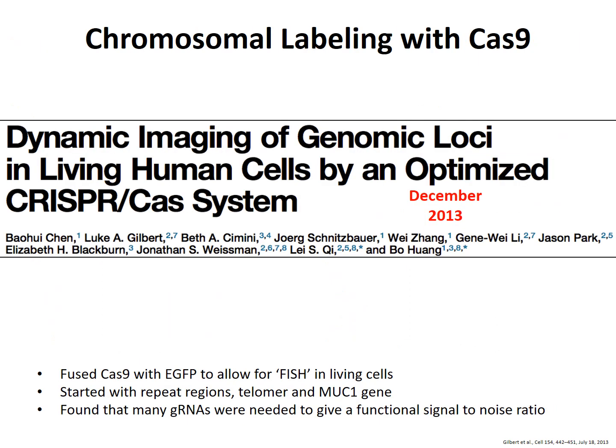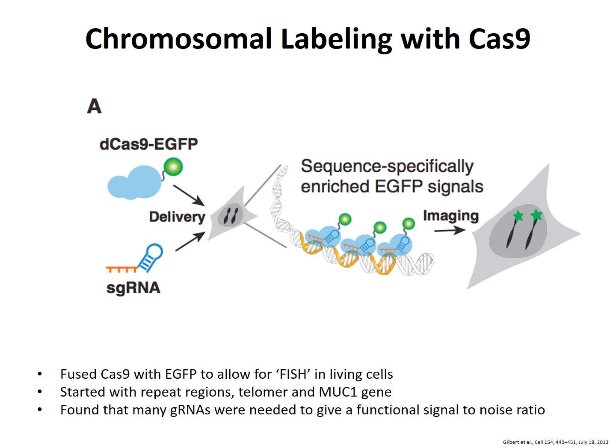So as I mentioned earlier, you can also label specific chromosomal sequences for live cell imaging using Cas9 fused to GFP. So here's just some data from one paper doing this, where they actually targeted regions of the genome, and they used multiple guide RNAs to enhance the signal of that GFP so they could quantify those regions in human cells.